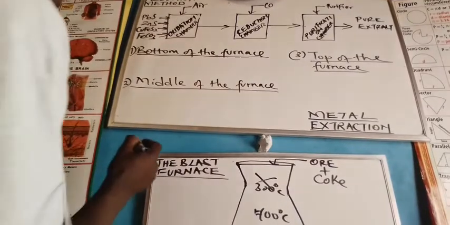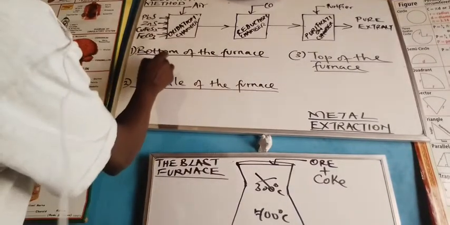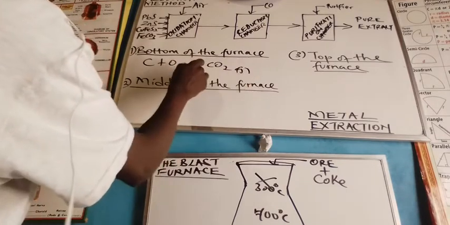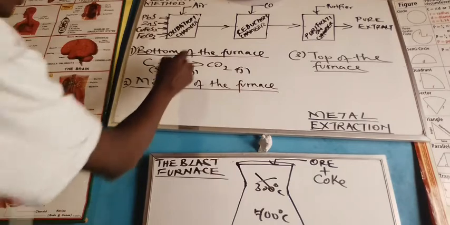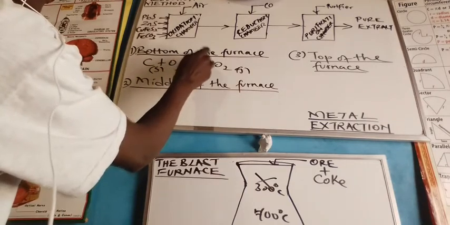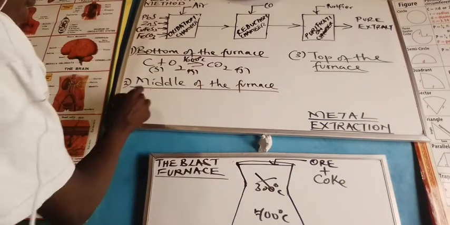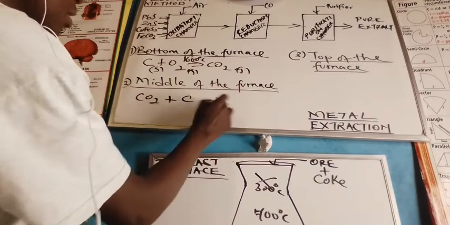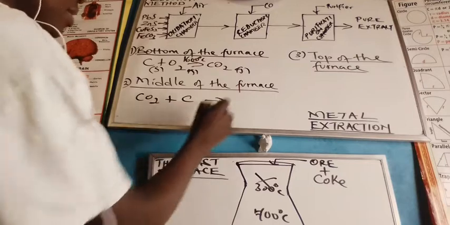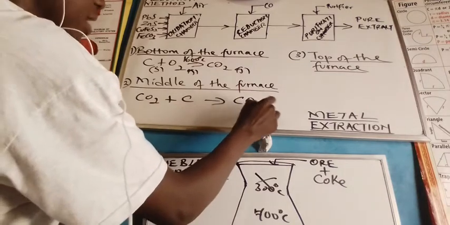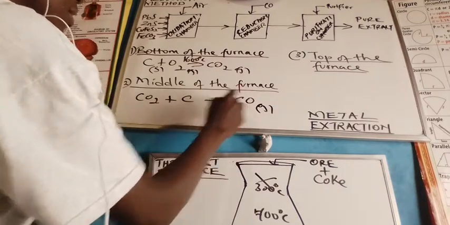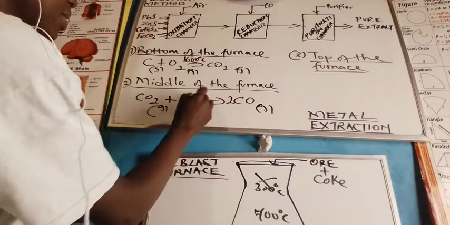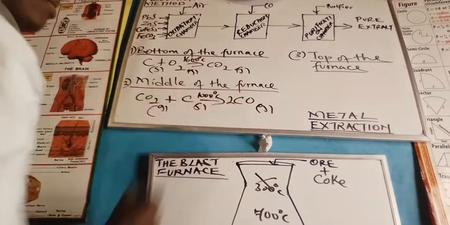So the main reaction starts at the bottom of the furnace, where we have carbon combining with oxygen, forming CO2. This happens at roughly 1600 degrees Celsius. Next, we have the carbon dioxide meeting coke. And when the process happens, it is reduced into carbon 2 oxide or carbon monoxide. So that is the equation for the reaction. This happens at roughly 1000 degrees Celsius.